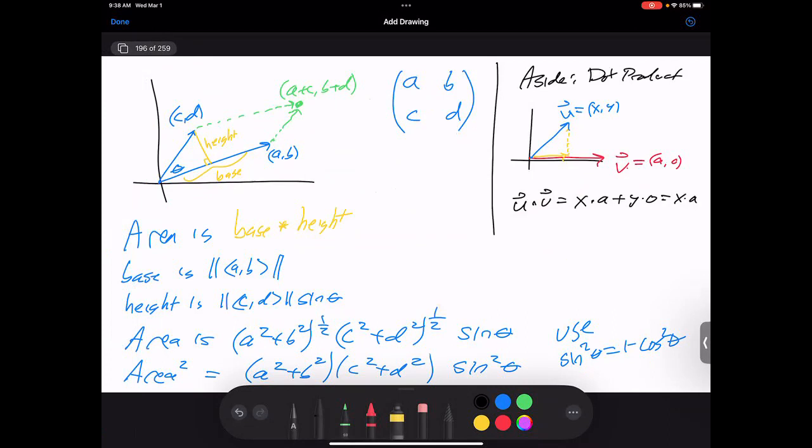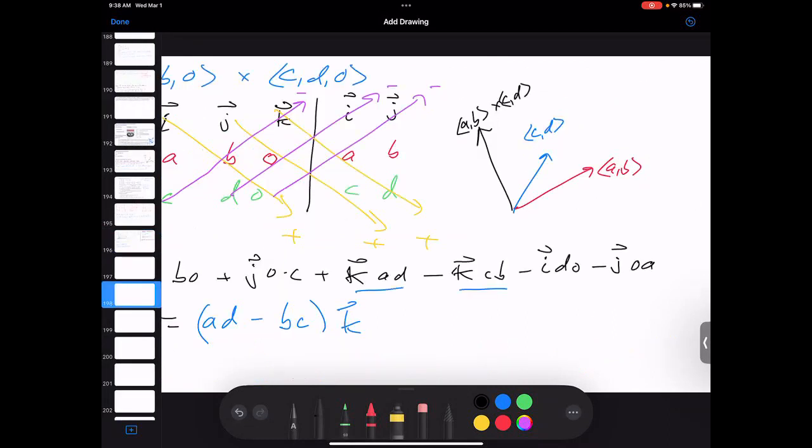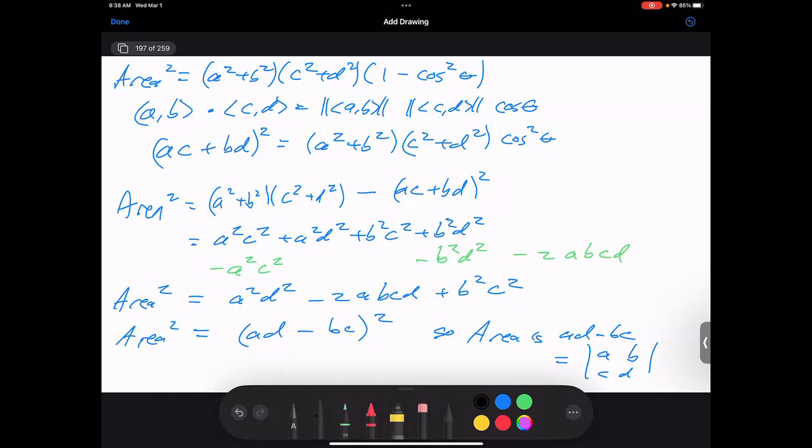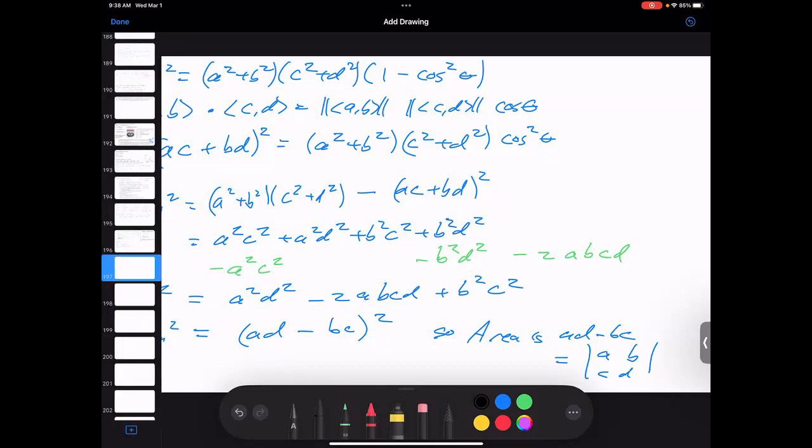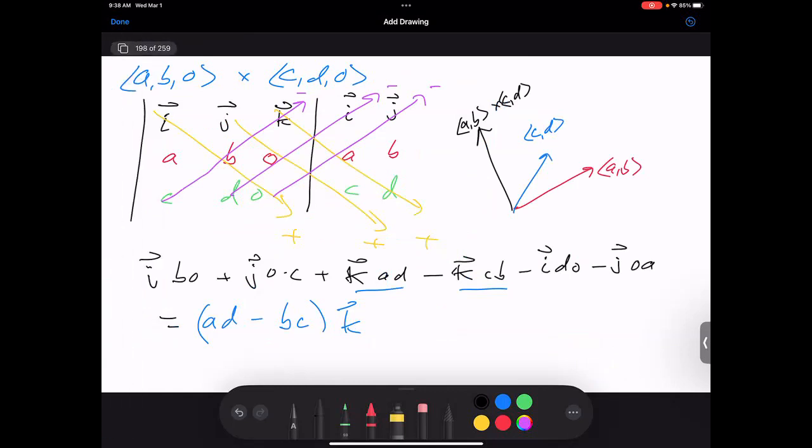Because we know that it's equal to the length of the first times the length of the second times the sine. But after doing more algebra, we eventually showed that it also equals the cross product, the AD minus BC, which is what we just got over here. So I've shown that if I live in the plane, it is length of V, length of W, sine of angle. It's the area. What I have not done is shown that this is also true in 3 dimensions.